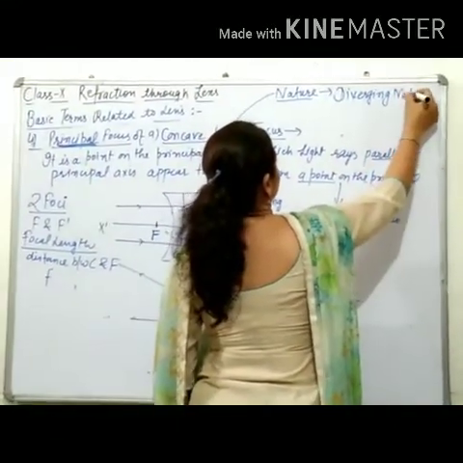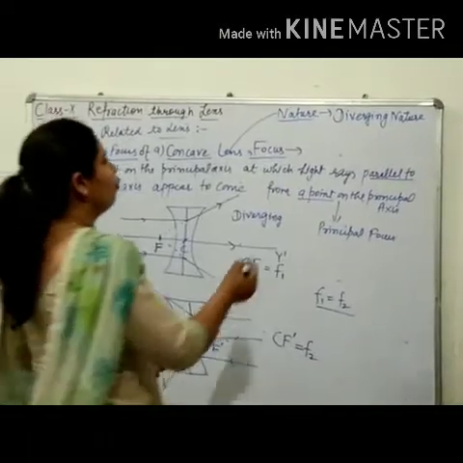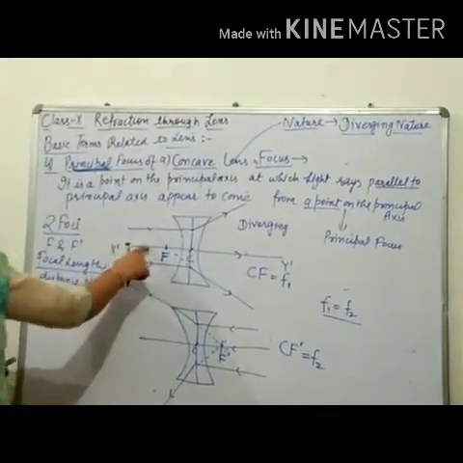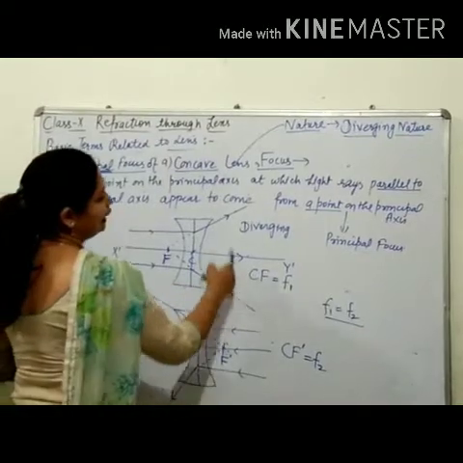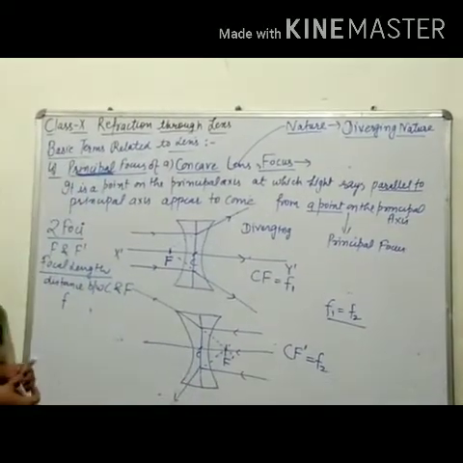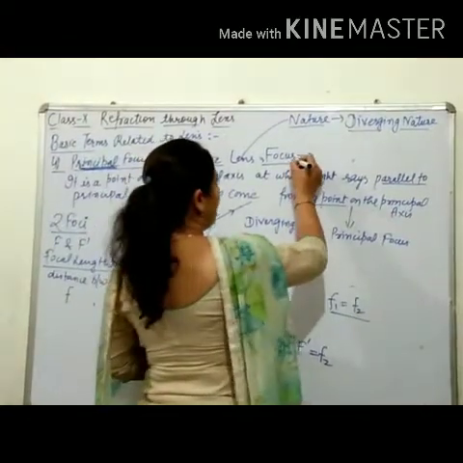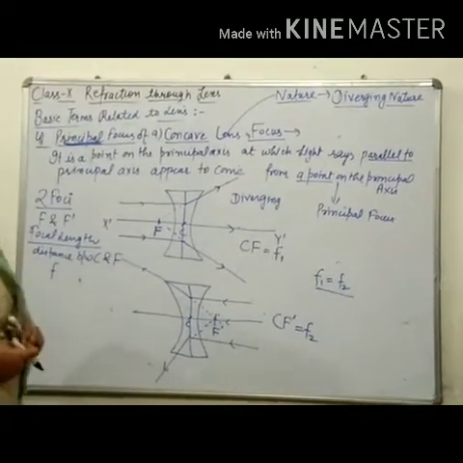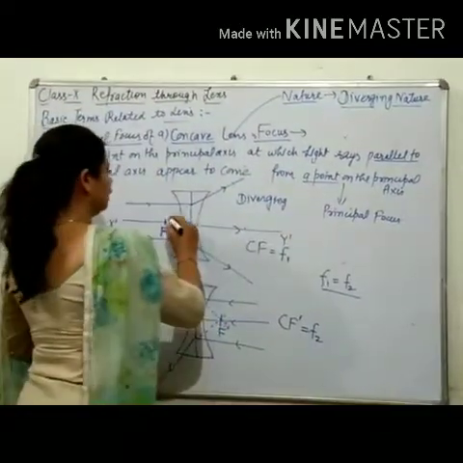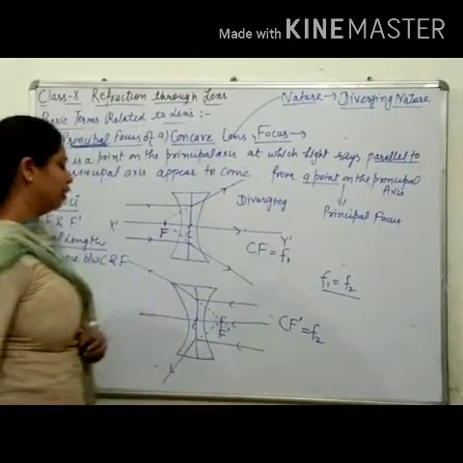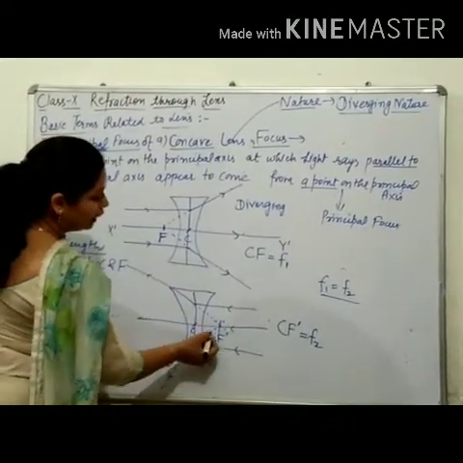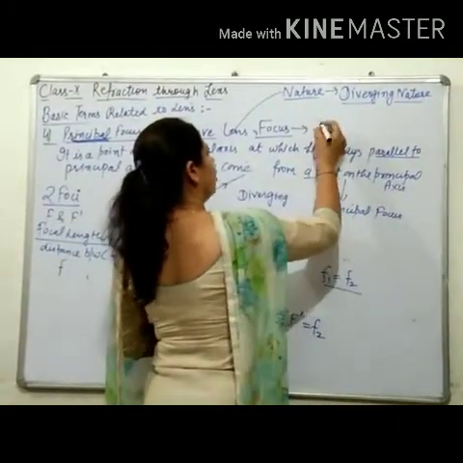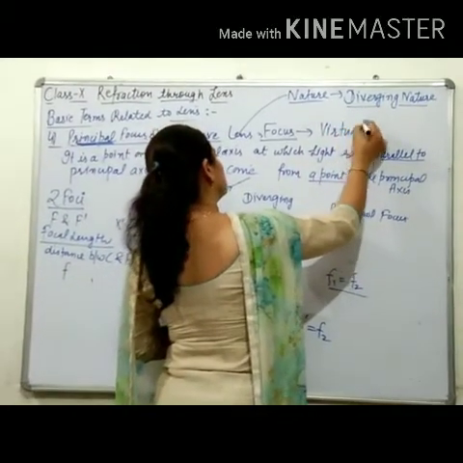The next question is whether its focus is real or virtual. The rays are not actually coming from focus F, nor meeting at focus F. That's why its focus is not real. It has a virtual focus.